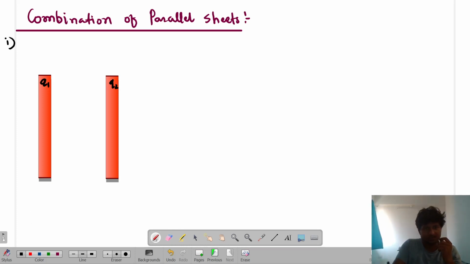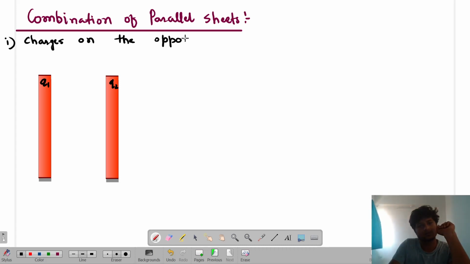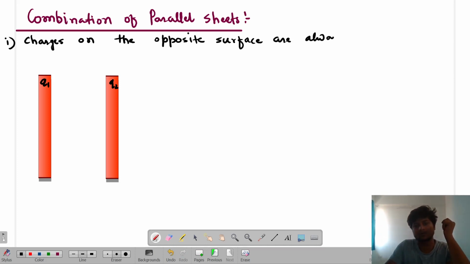The first situation which we get from this is to remember that charges on the opposite surface are always equal and opposite.